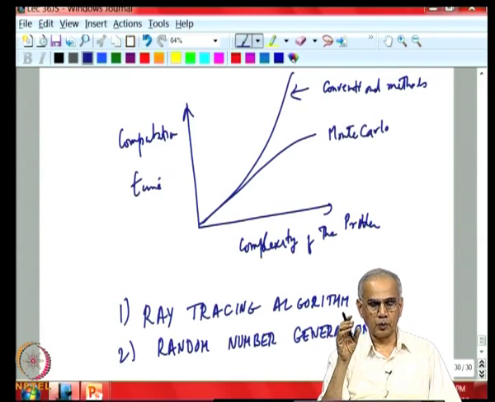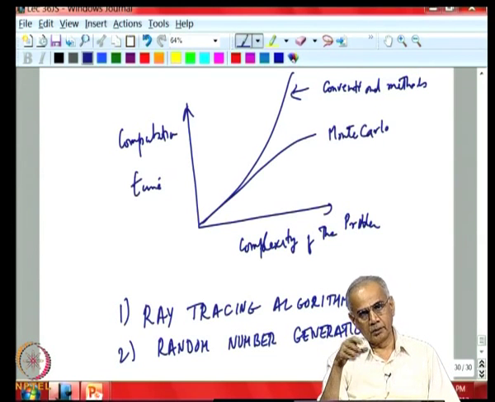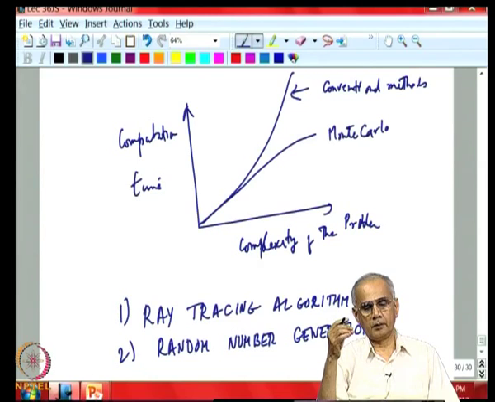So, you need a very good quality random number generator, so that when you take a sample of 1,000,000 photons, the random number generator does not repeat the numbers generated earlier. So, today again we have very powerful techniques available to ensure that the random number generator is truly random and does not repeat itself in a short number of cycles.